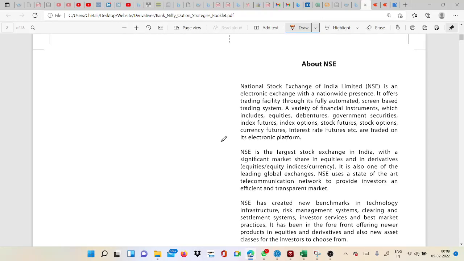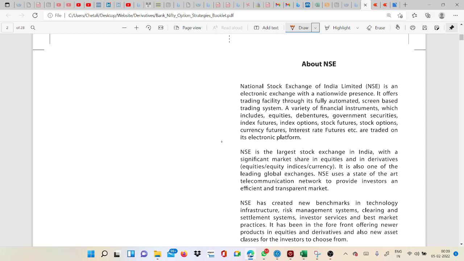And I would request, if you don't have a demat account, just open a demat account and check all this information: how the derivative works, how they book the contracts or create the contracts, how they expire, what happens if the contract expires. Just, don't do trading. I don't want to advise anything about derivative trading.